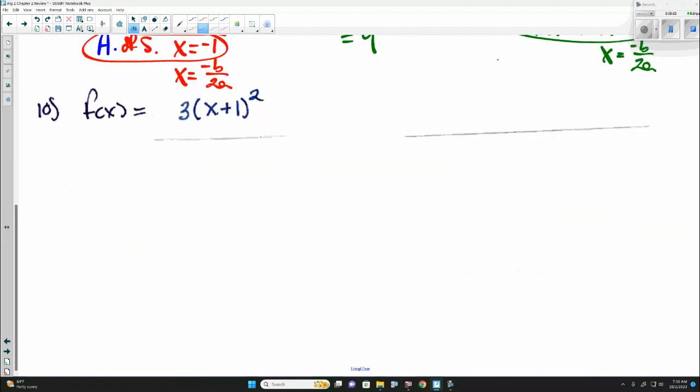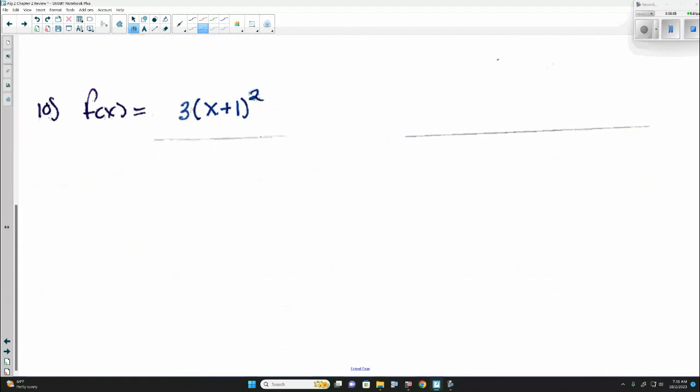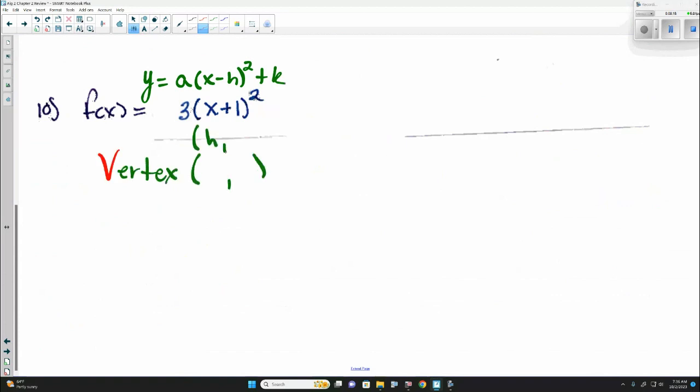And the last one here is in vertex form. And the vertex is the point h, comma, k. Again, there's nothing added on the outside, so the value of k is 0. Our plus 1 on the inside matches up with our h, telling us it is -1.